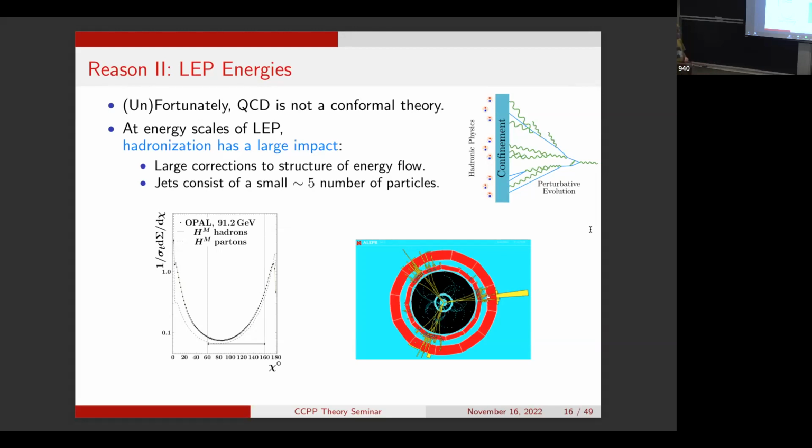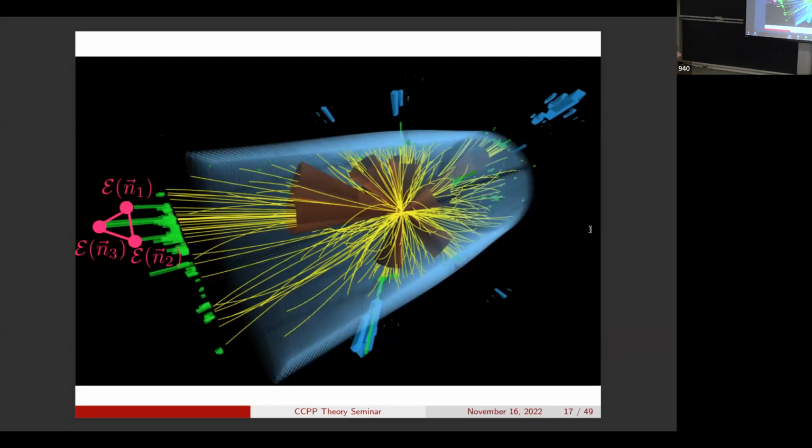The very nice thing which the LHC allows me to do is that you now have extremely high energy jets. So you're in this regime where things are very perturbative, and these jets have very many particles, like 30 to 50 particles.